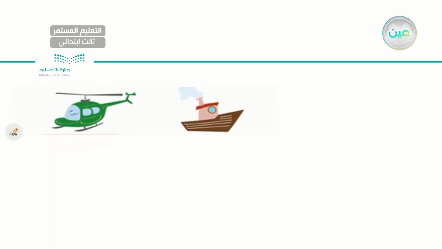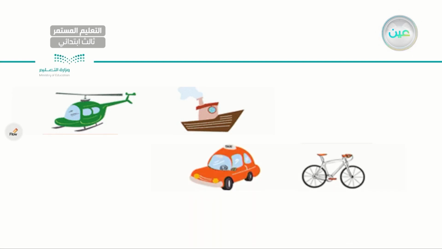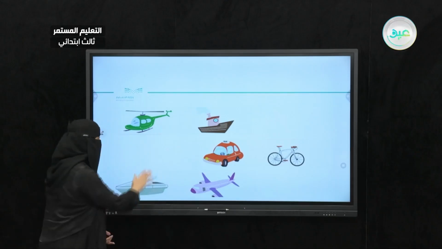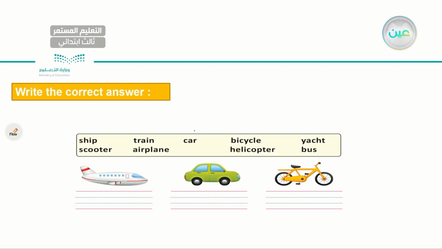For example, as you can see, here I have two different kinds of transportations, another two, and here are another two. So I think you can get the word transportation now. I have a helicopter, a ship, a car, a bike, a yacht, and an airplane. These are different kinds of transportations that we often use to get to another place.